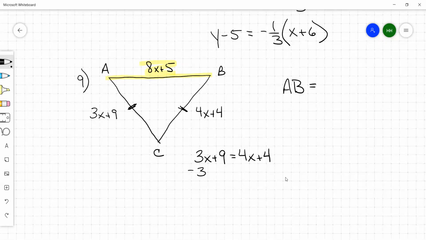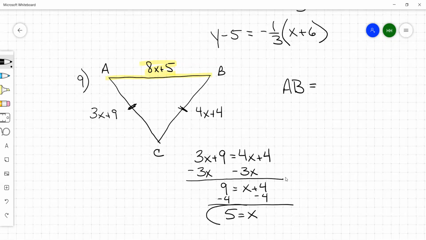So we can subtract 3x from each side. 9 will equal x plus 4. And then subtract 4 from each side. So if 5 is equal to x, now we can use that 5 in this expression.